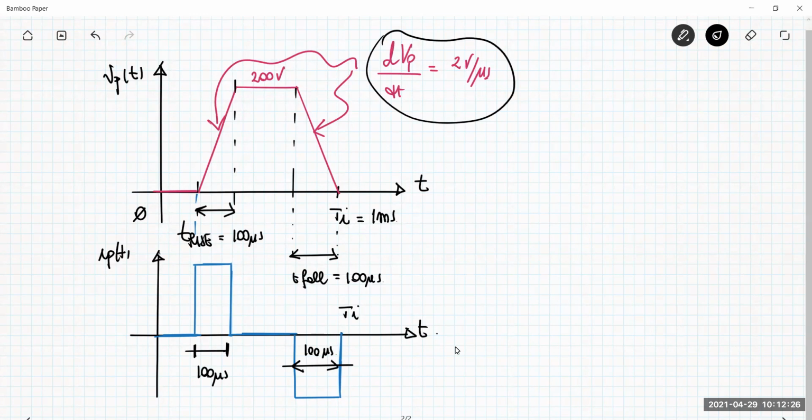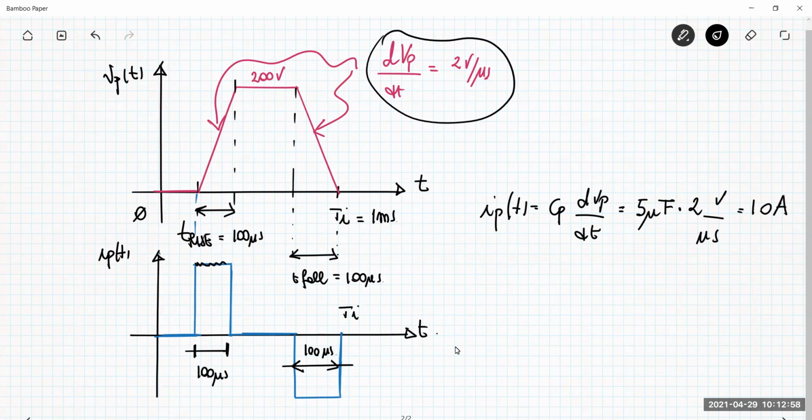Remember that we have this relationship which holds for any capacitance, Cp dVp over dt. In our situation, Cp is by our specification 5 microfarad. The dVp over dt maximum value is 2 volt per microsecond. So the maximum current that I have here is 10 amp. Okay, so we have 10 amp here, negative 10 amp here.